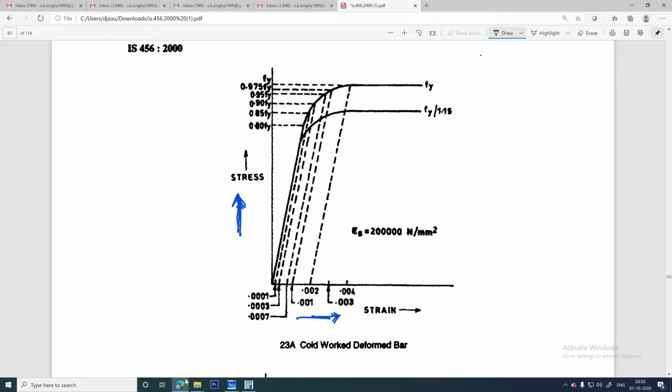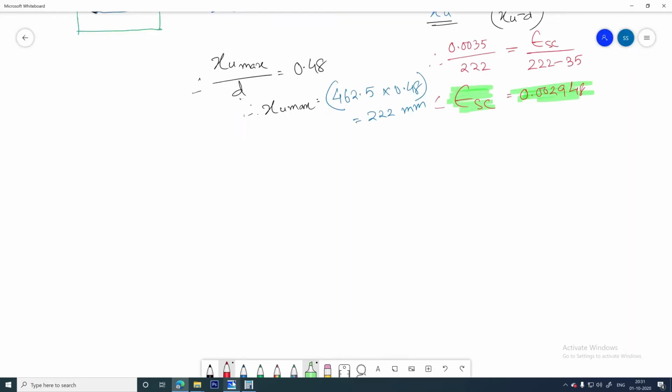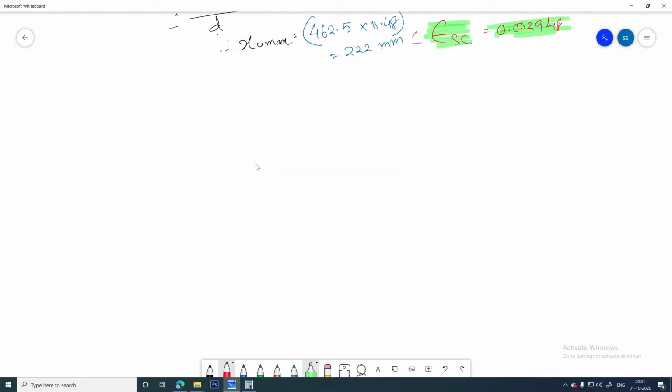Now look, some values of stress are given. Okay, so we need to prepare a table from this particular graph. I will just make the table over here, then I will show you from where I am getting those values.